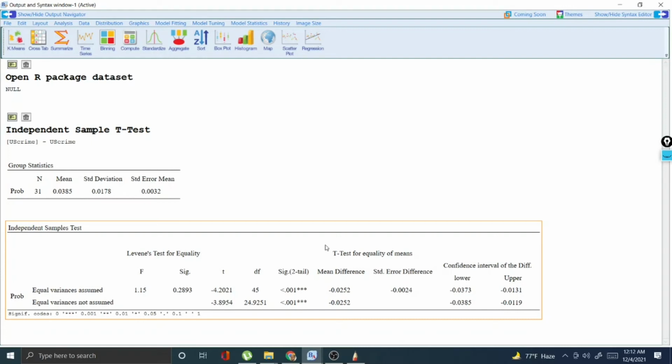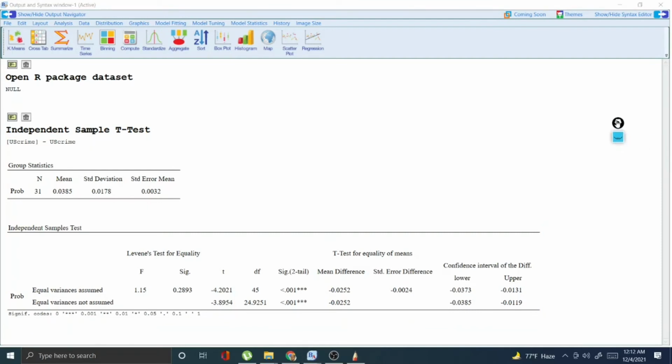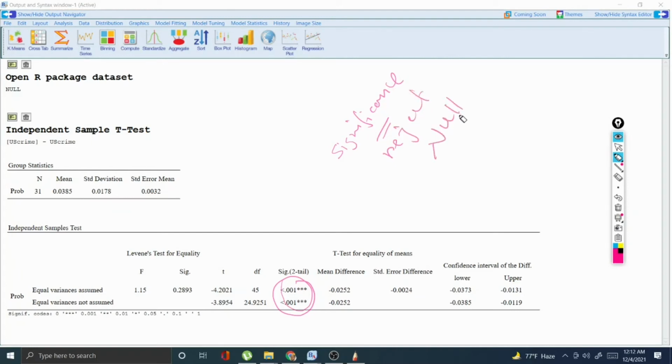But the main idea behind the t-test is to look at this test value, where it says the significance. Whenever significance comes up in the t-test, you will reject the null hypothesis, because it is significant, meaning that it is significantly different from 0.